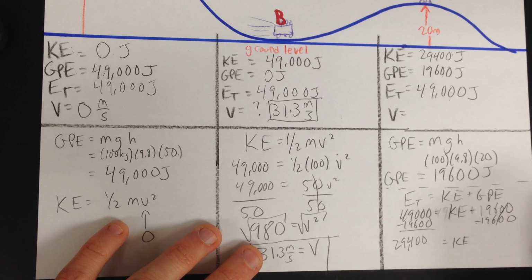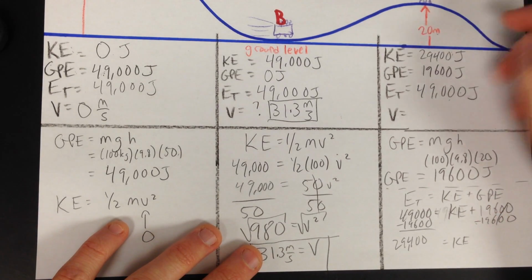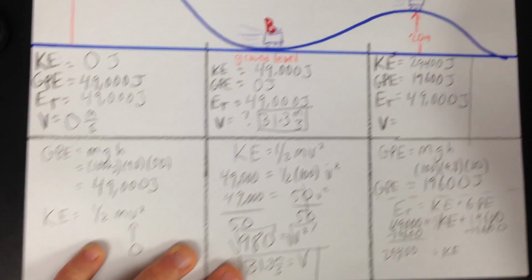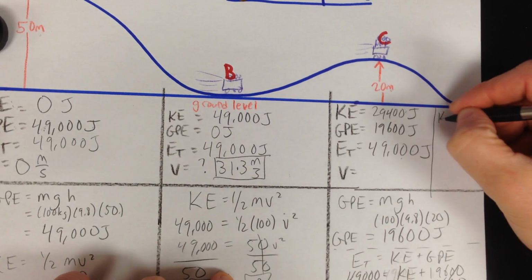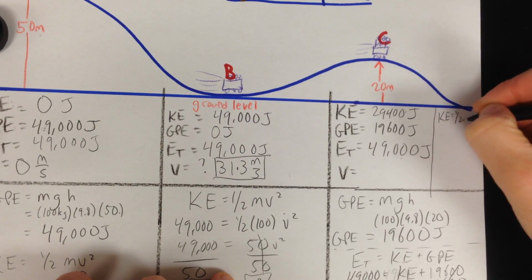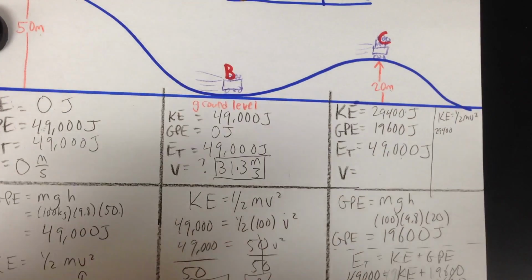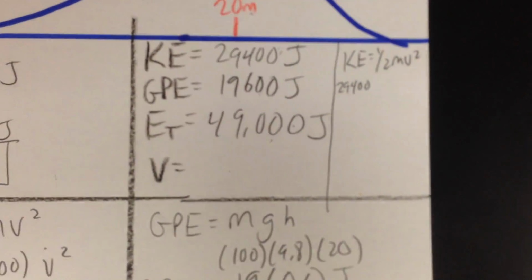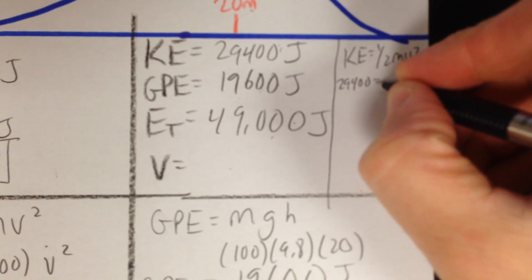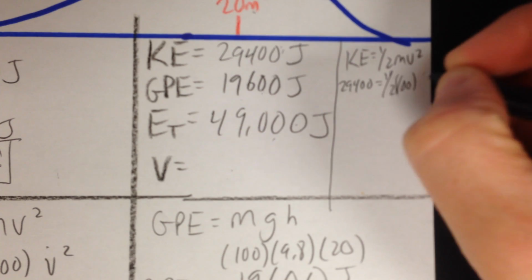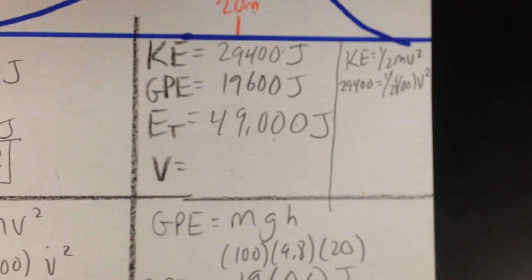Finally, to get velocity, you're going to use your kinetic energy, and I'll do that right over here. So your KE is a half mv squared. You could plug in your 29,400 equals a half, 100, v squared.